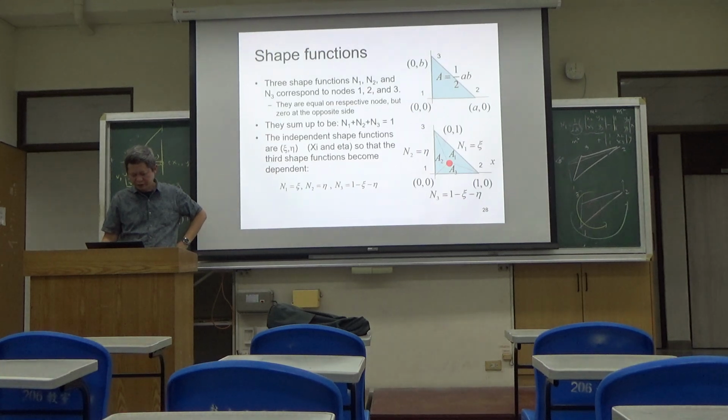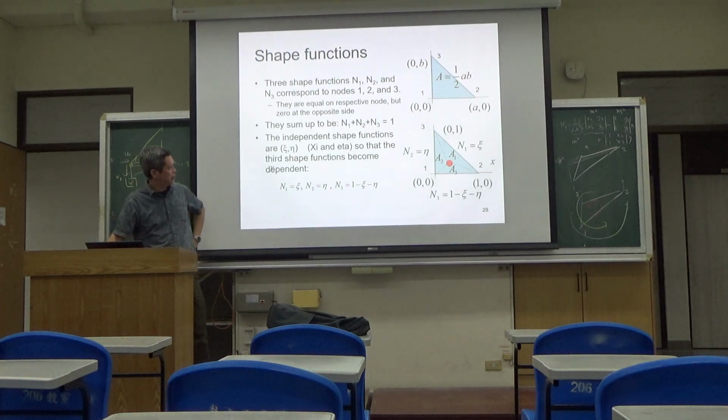So in this case, N1 is zeta, and N2 is eta, and then N3 is 1 minus the other two shape functions. Okay, how are these coordinates defined?